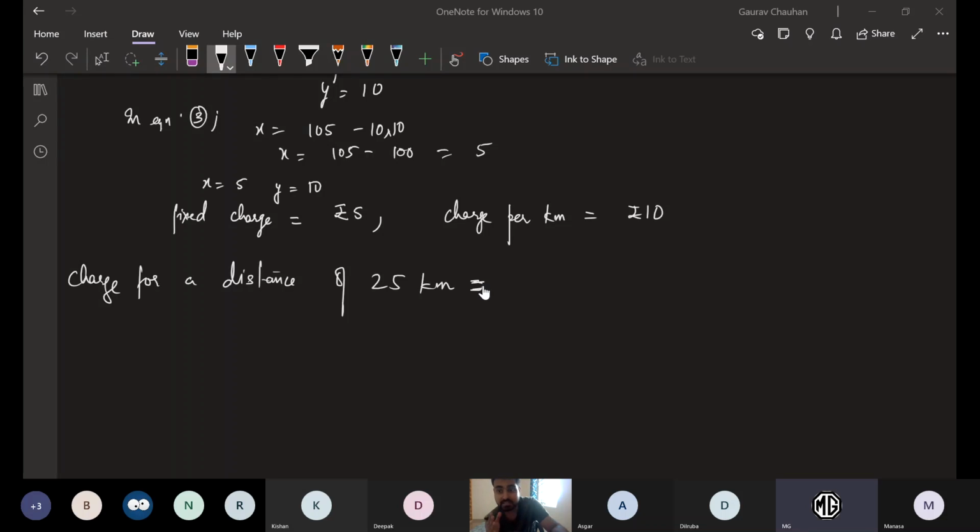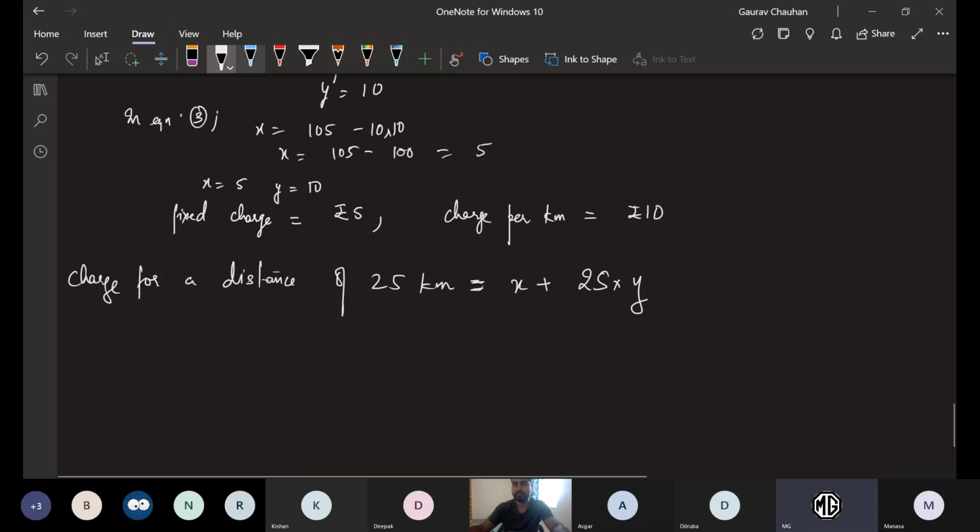X is the fixed charge and Y is the charge per kilometer. Can you tell me an expression which will give how much you have to pay for 25 kilometers? Sir, X plus Y into 25. Perfect. X plus 25 into Y.